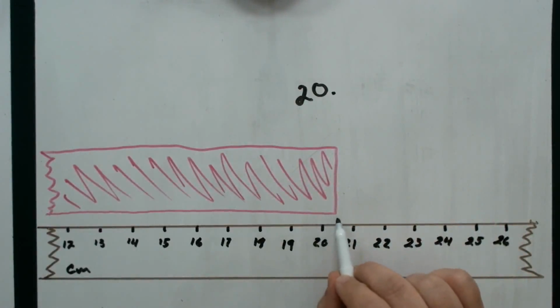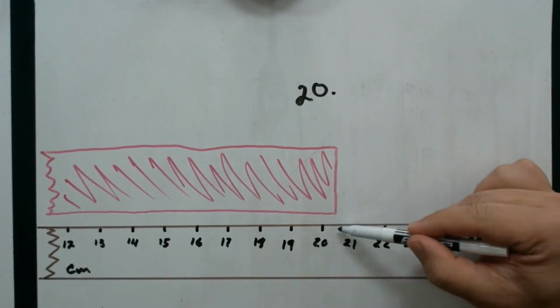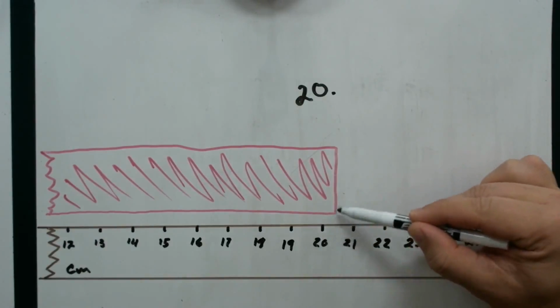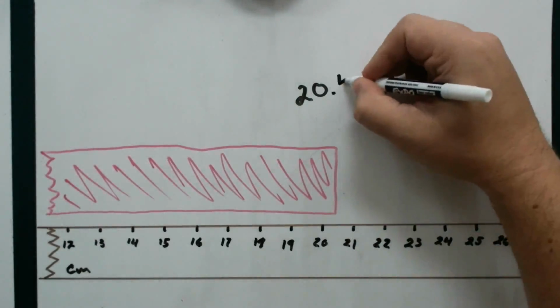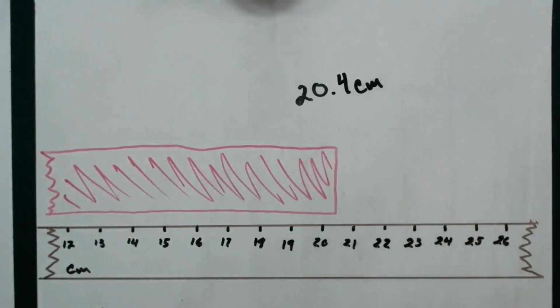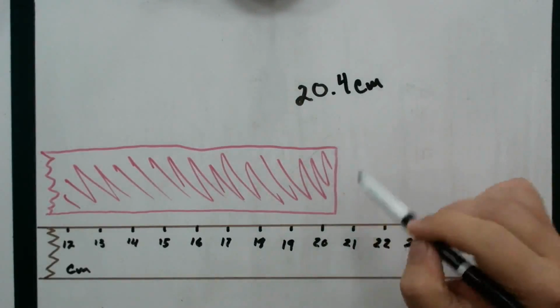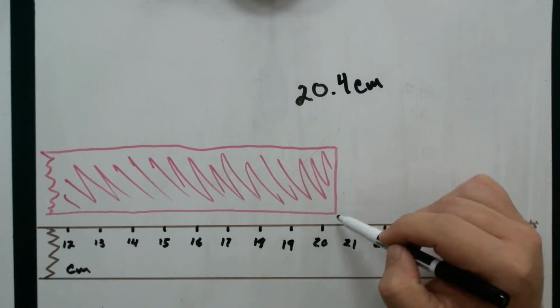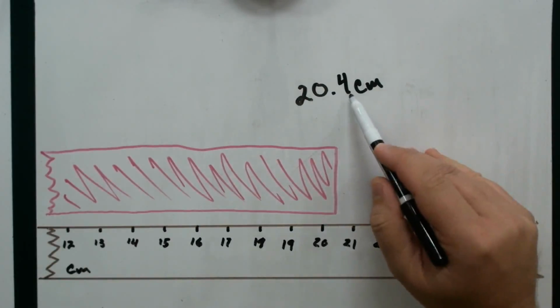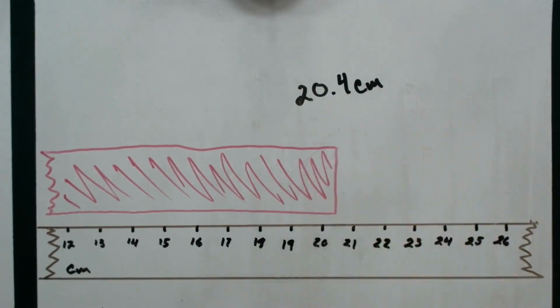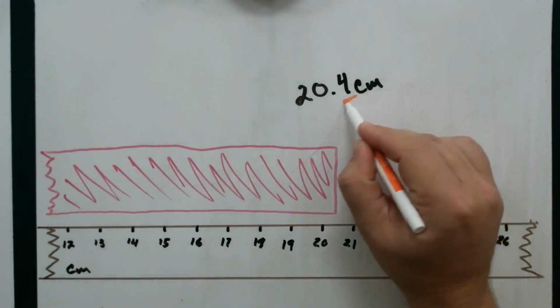So I have to make that guess. The best guess would be, it's not exactly in the middle, but 20.4 would be a good guess for that one. You could say 20.5 or 20.6 would be okay, or 20.3. What you don't want is to have anything after that. I can't say 20.45 because that would say that the 4 is known. I don't know. So anytime you're looking at a measurement, your guess is always that last digit.